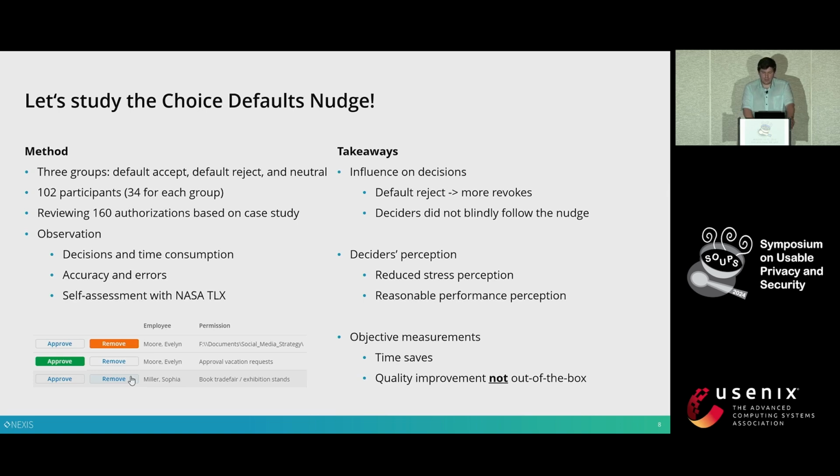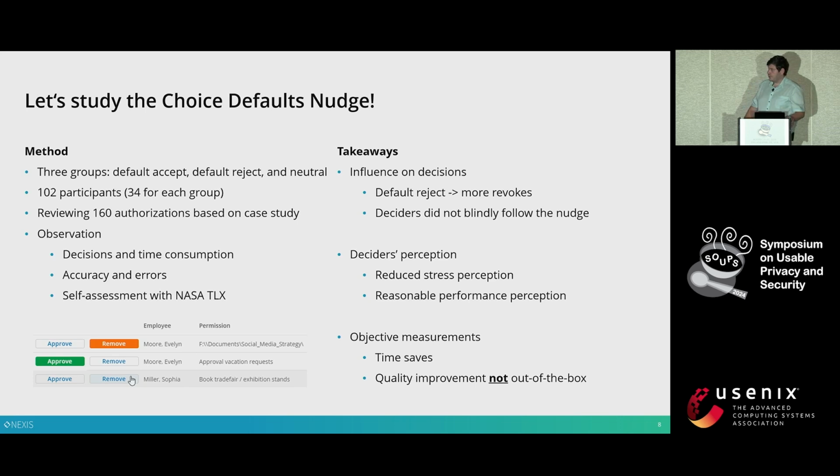Since we could compare the objective accuracy they achieved and their own performance self-assessment, those values actually correlated quite neatly. So we can see that there is some alignment. Also, we achieved time savings for the nudged group because the users didn't have to click so much. These time savings were up to 24%.